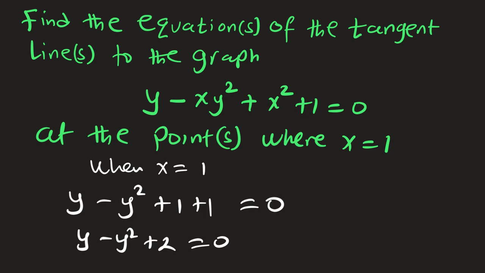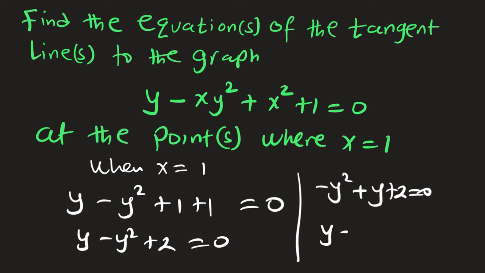You can write this as negative y squared plus y plus 2 equal to 0. If you solve this quadratic equation, you'll get the y values as y is equal to negative 1 and y is equal to 2. There are two y values corresponding to x is equal to 1.